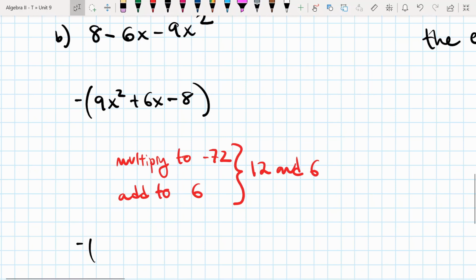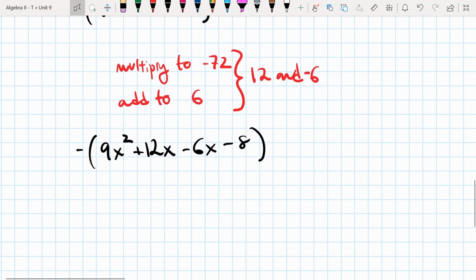And so we get negative 9x squared plus 12x, so it should be negative 6. So plus 12x minus 6x minus 8. Okay, now let's factor a 3x, the greatest common factor, between the 9x squared and the 12x.